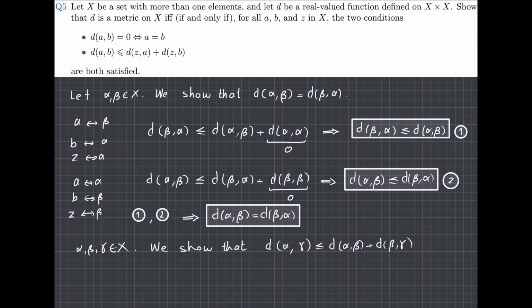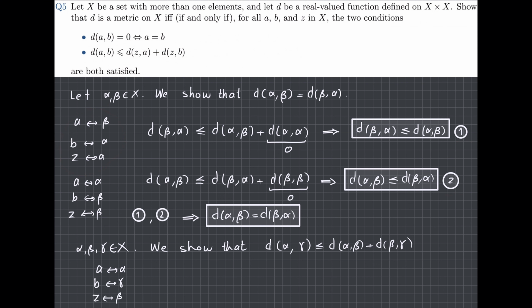I can say that, okay, I change this A to alpha, and then B to gamma, and then I need to choose Z to beta.